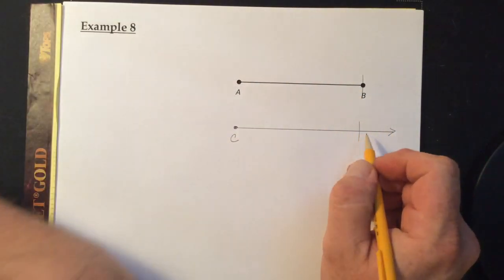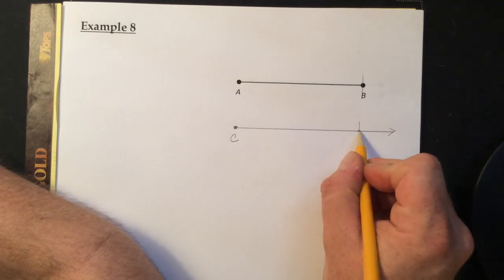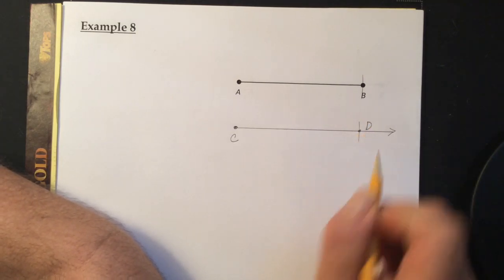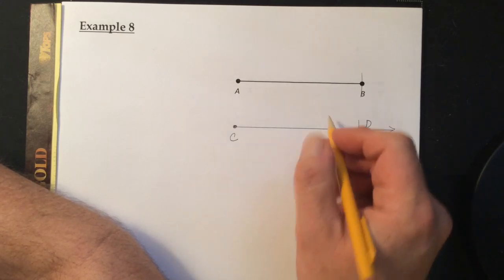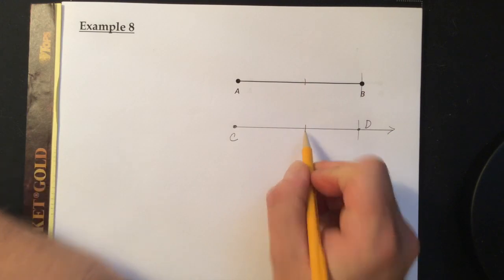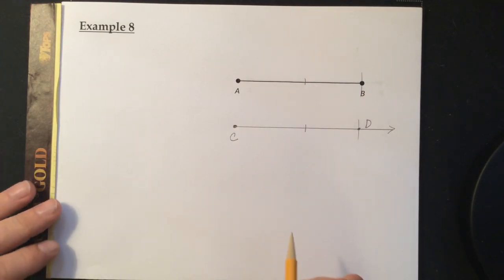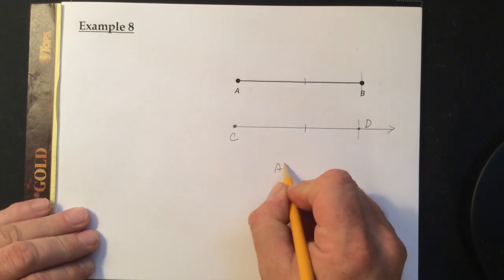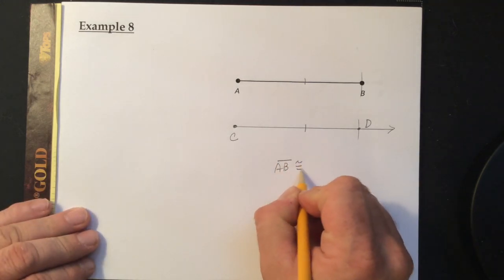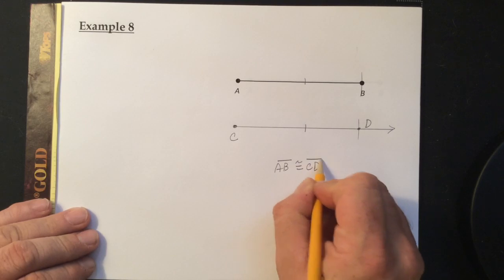Where the arc and ray intersect, draw point D. You have just created a copy of segment AB and called it CD. And that's your answer. Segment AB is congruent to segment CD.